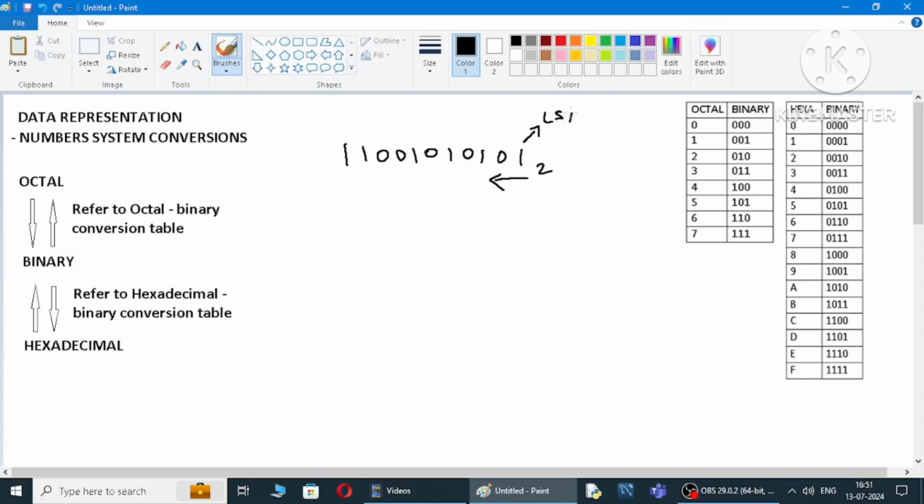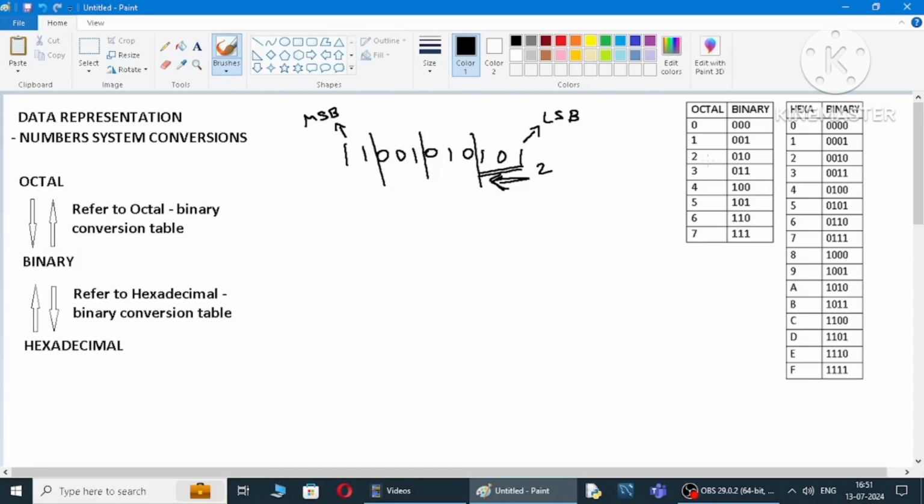This is called the least significant bit and this is called the most significant bit. That is the bit with the least weight. Here this one has the most weight. That is the place value. Okay. And start from the least significant bit and divide this into three parts. This way, 1, 2, 3, cut it, 1, 2, 3, 1, 2, 3, divided this way.